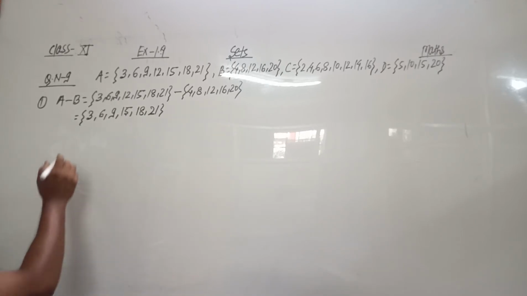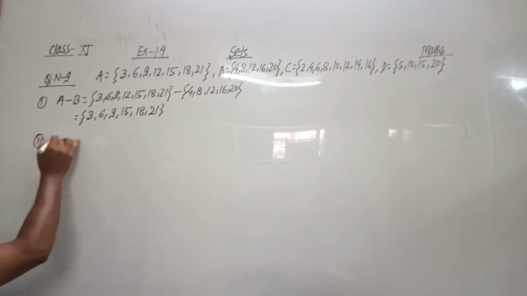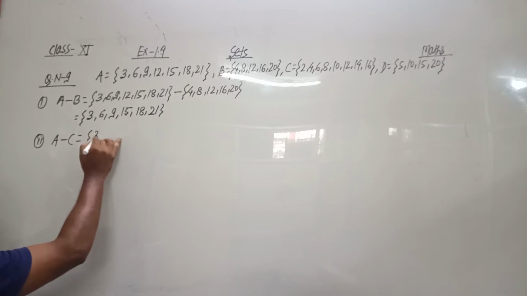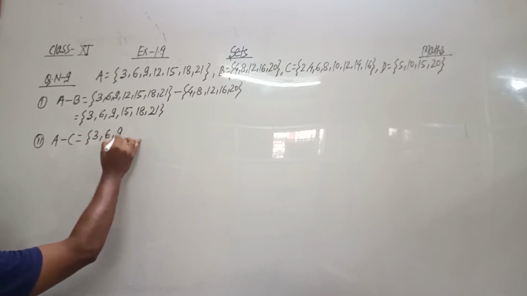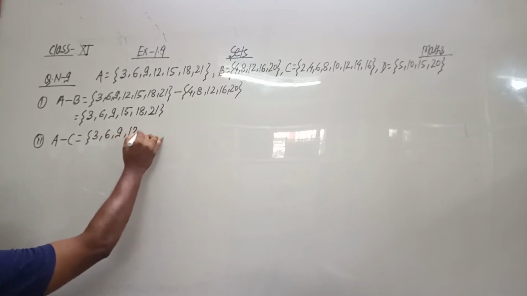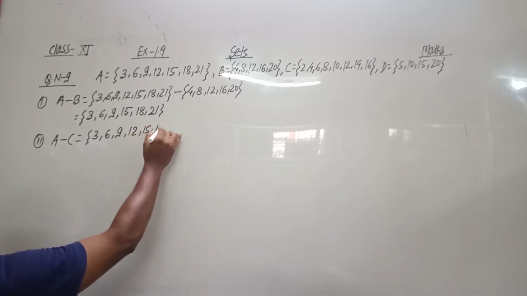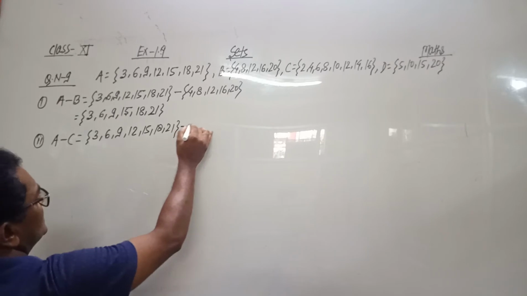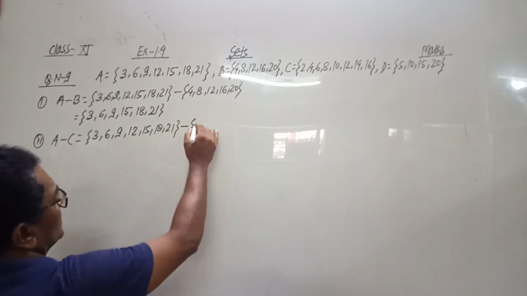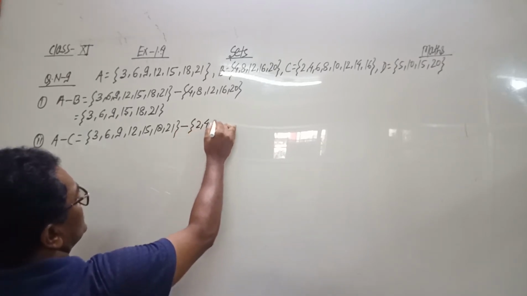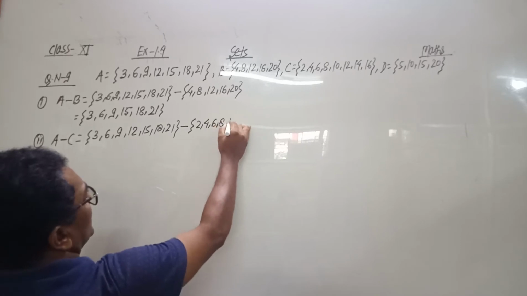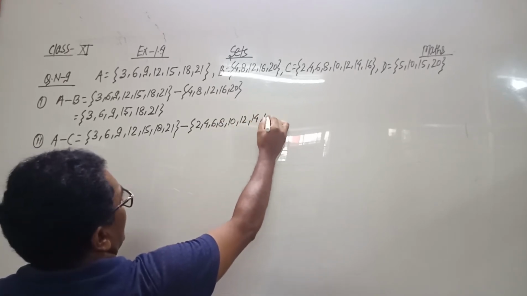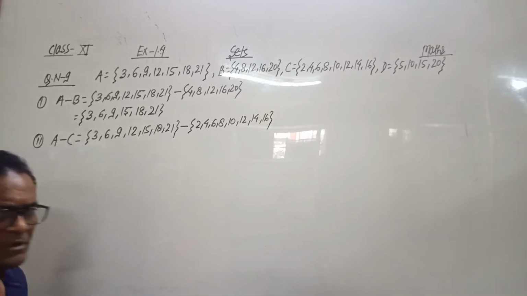The second part is A minus C. Write down set A: 3, 6, 9, 12, 15, 18, 21, minus set C: 2, 4, 6, 8, 10, 12, 14 and 16.